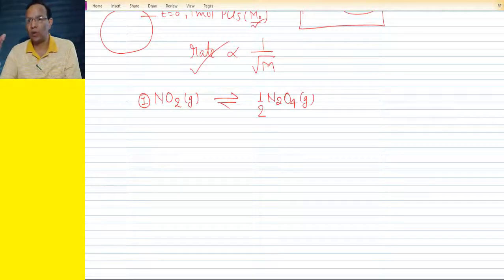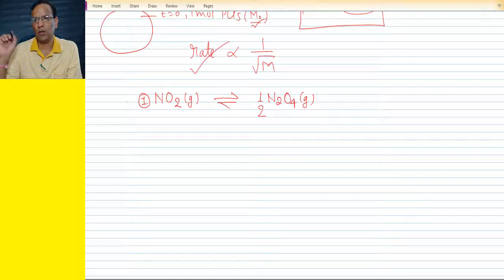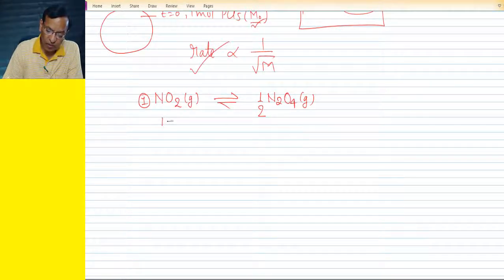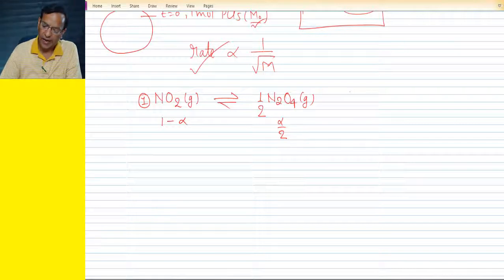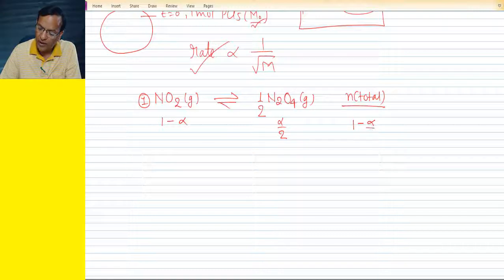This is a case of association. Now let alpha mole be associated, so alpha by 2 mole of N2O4 will be formed, and at equilibrium the total number of moles will be 1 minus alpha plus alpha by 2, so it is 1 minus alpha by 2.